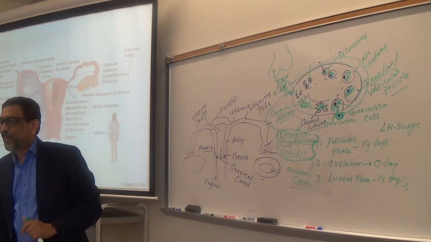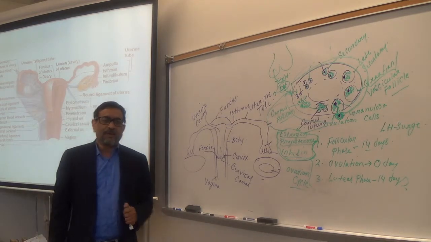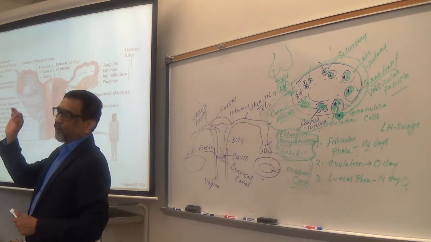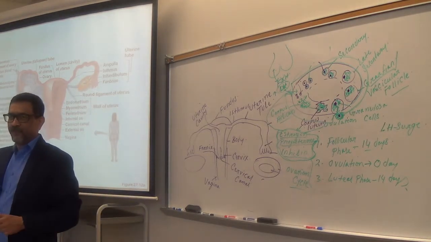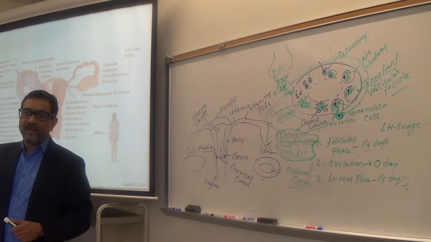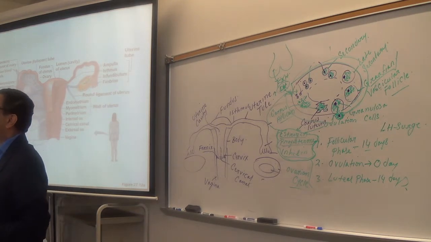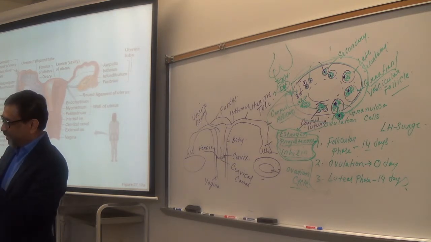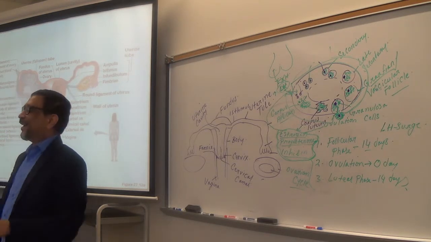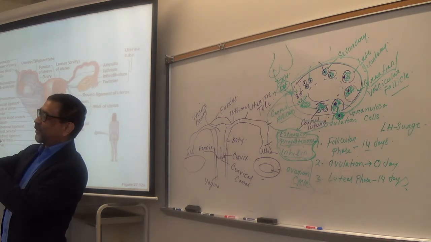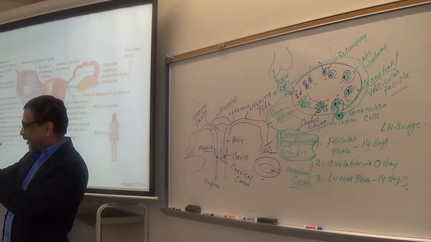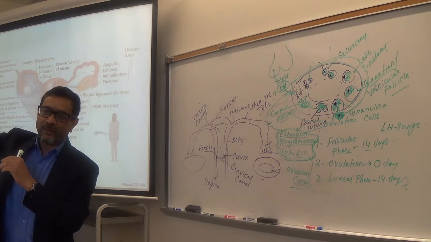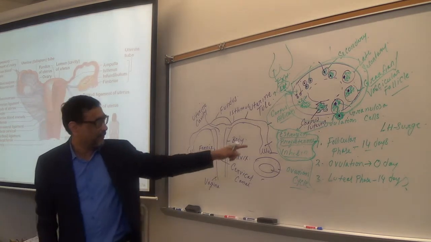So no more ovulation will occur during the entire pregnancy. Is it clear? Okay. Now, you know that birth control pill that girls take, that is actually a hormone, estrogen, progesterone mixture. Okay? So as long as you can keep the estrogen progesterone concentration high in the blood, ovulation will not occur. Make sense?